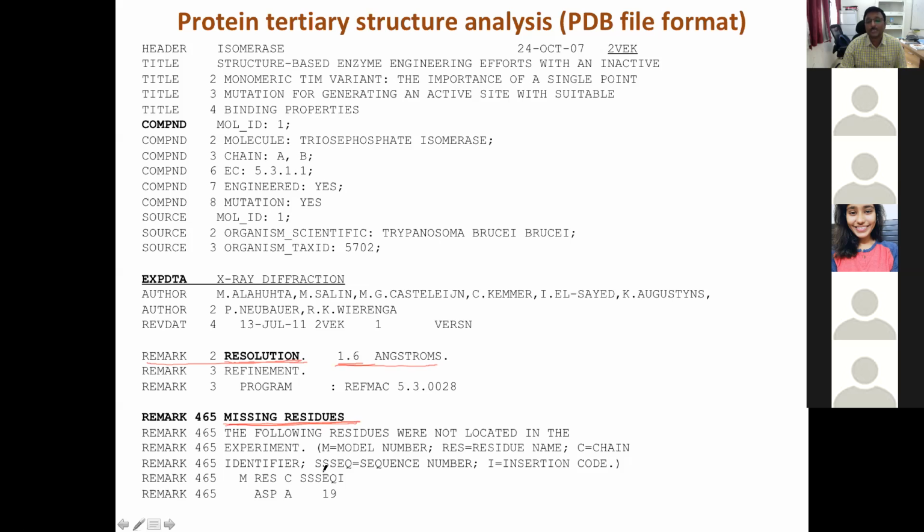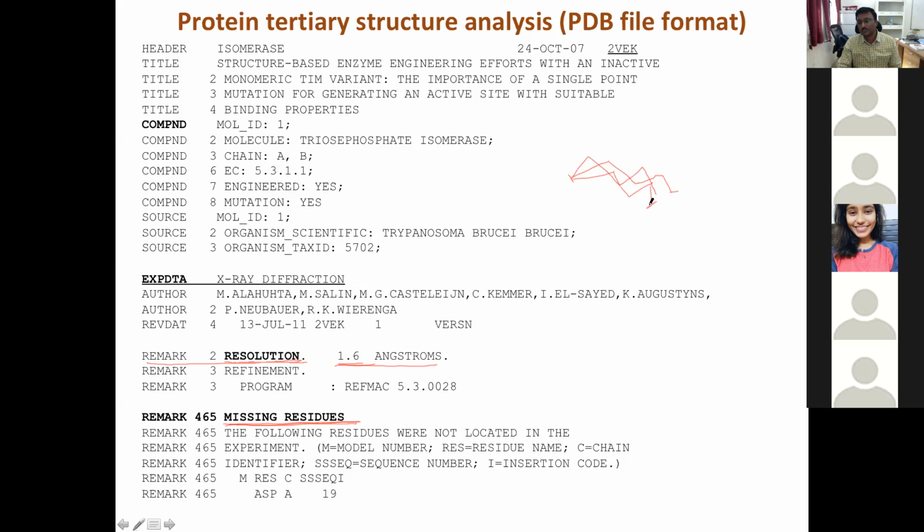So what happens is that suppose you have this kind of a conformation, and this particular conformation ends up having multiple possible conformations. So one conformation, then the next conformation.